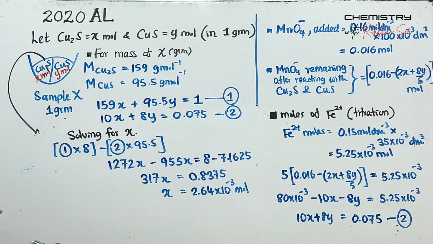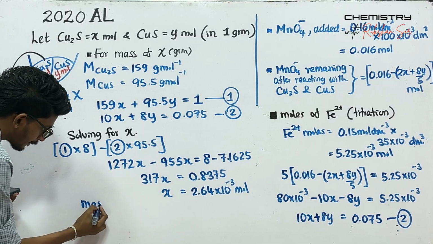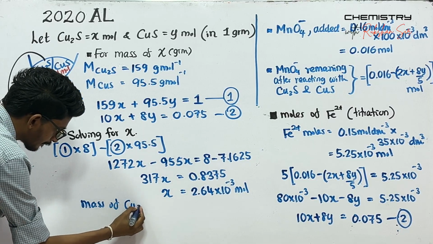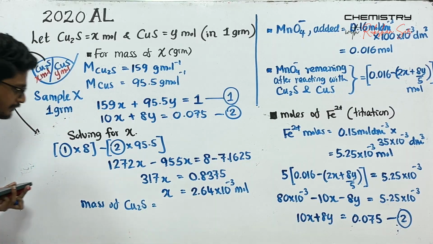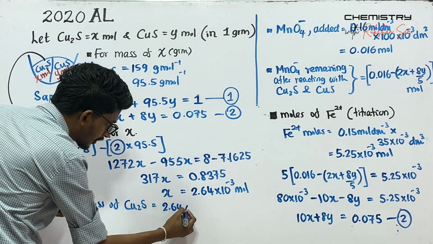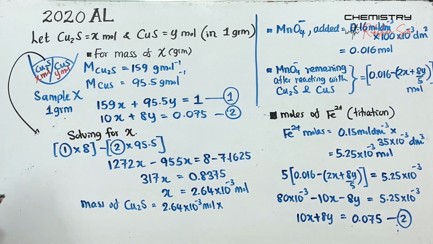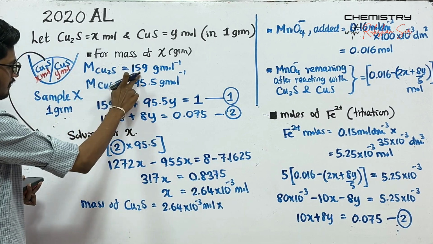So that is the number of moles of Cu2S. So we can compute the mass of Cu2S, right? It's going to be 2.64 into 10 to the power minus 3 moles multiplied by its molar mass, that is 159, no?